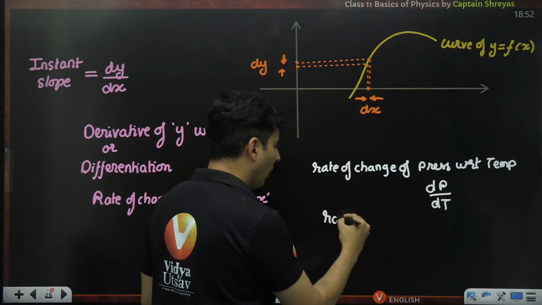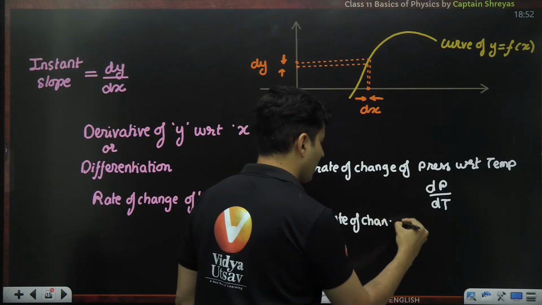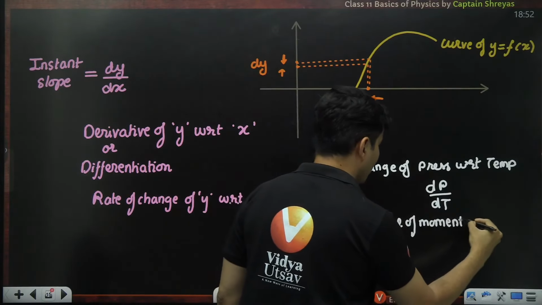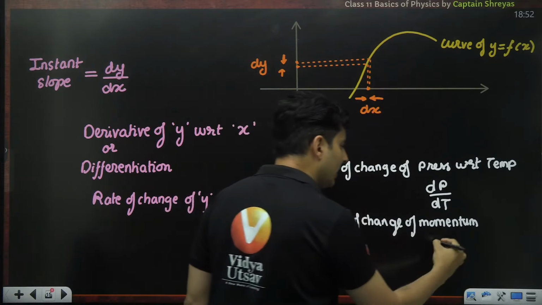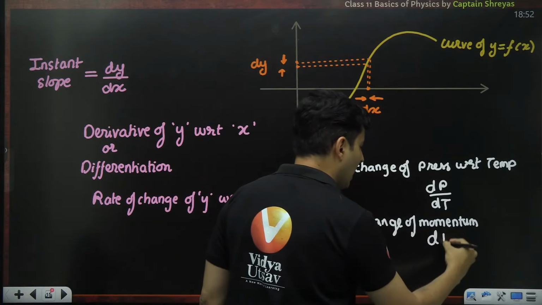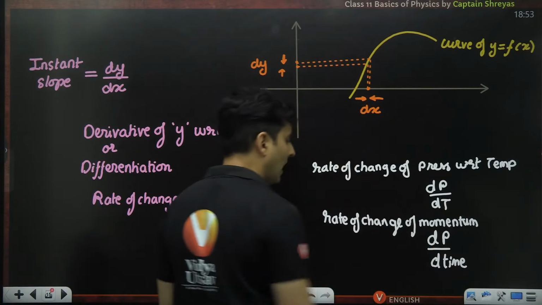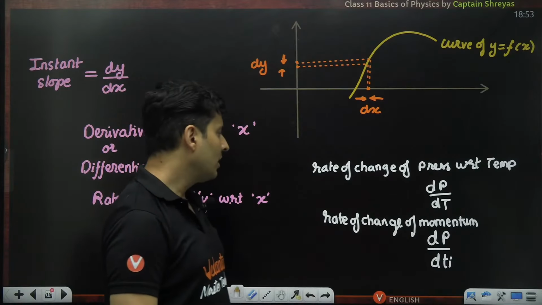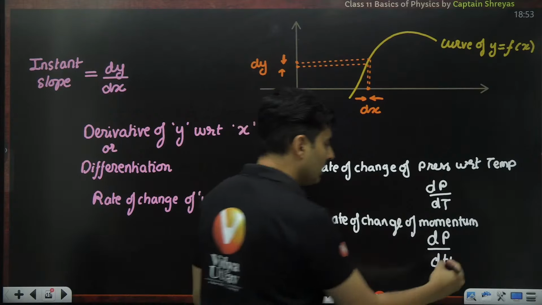If I ask you what is the rate of change of momentum, when with respect to is not mentioned, it is automatically understood. I'm asking you rate of change of momentum with respect to time. So time is automatically understood when no other phrase is mentioned.